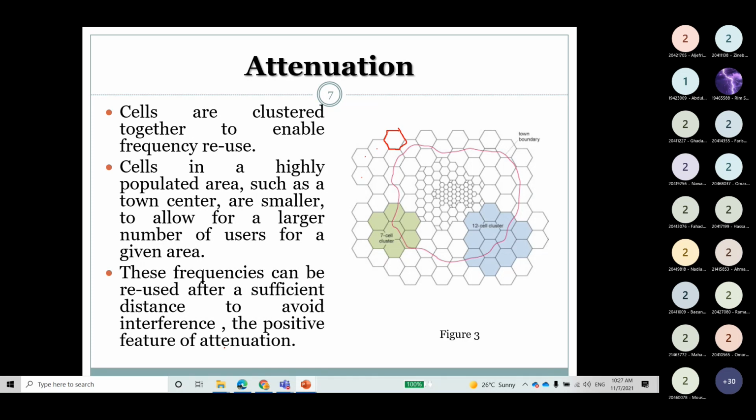Any question? Each cell will have a limited range. This is what is called limited range, the range that the signal will attain. After this range, the signal will disappear, so we can reuse this frequency again.